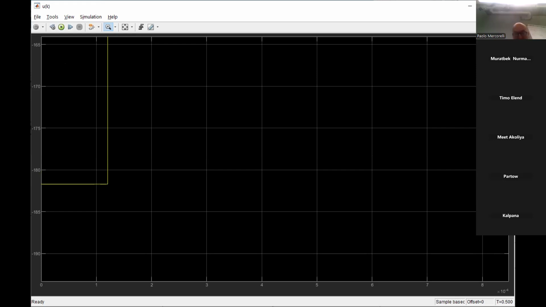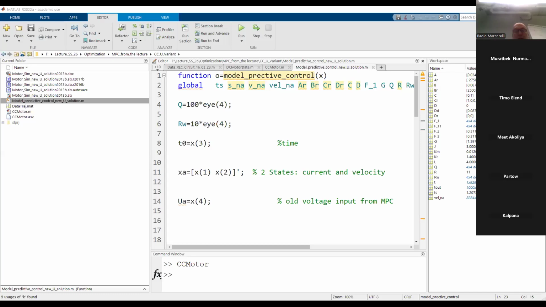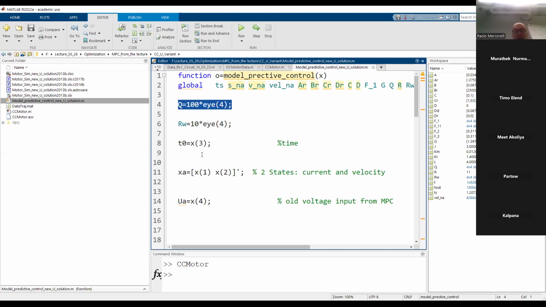But why that? Because we have the inputs like in saturation. The reason is, and then concluding, yeah, look, this is Q and this is R. Large and small, we have to simulate, but believe me, if you increase the disturbance, you can realize what I intend.